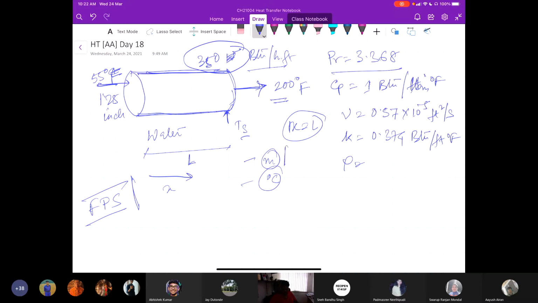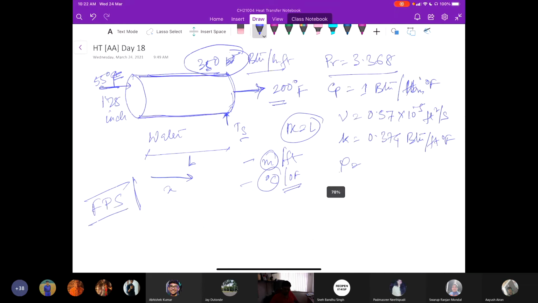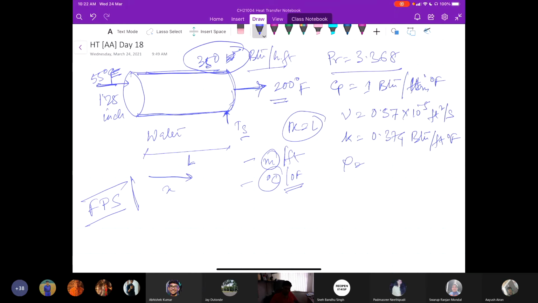So calculate in terms of feet and degree Fahrenheit. Those who are confused, let me rephrase the problem once again. We have a 1.25 inch diameter pipe in which water is flowing. The inlet temperature is 55 degree Fahrenheit.